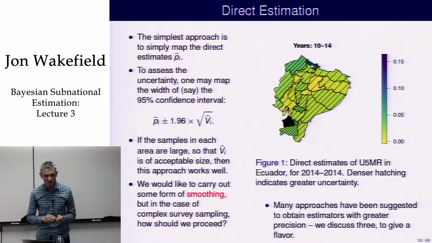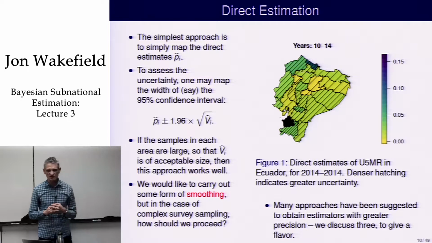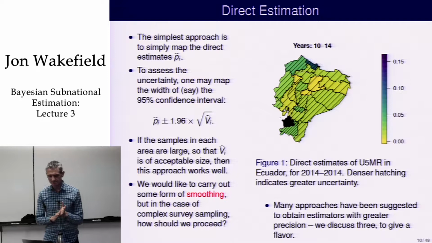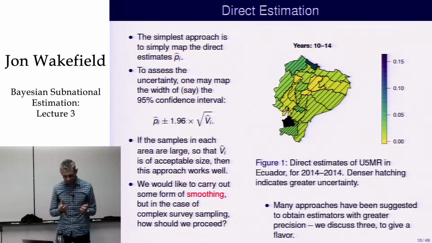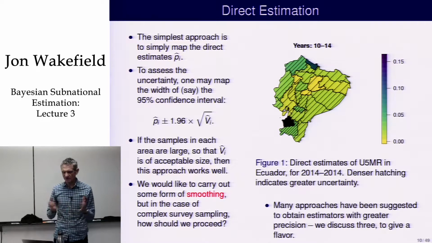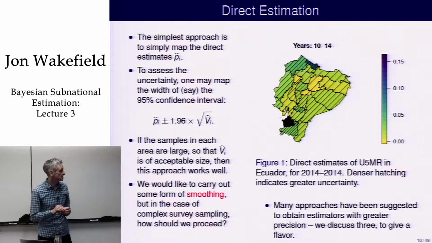To assess the uncertainty in general, we can map some measure of uncertainty, such as the width of a confidence interval or an asymptotic confidence interval based on that distribution on the previous page. So this approach, if you're only interested in perhaps larger areas and you have bigger samples, then this may be the only thing you do, because you've got acceptable levels of variability just by doing this weighted approach.